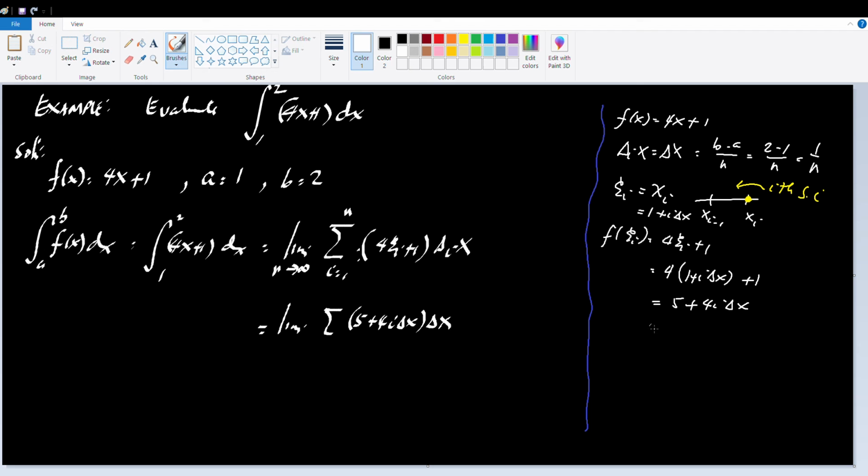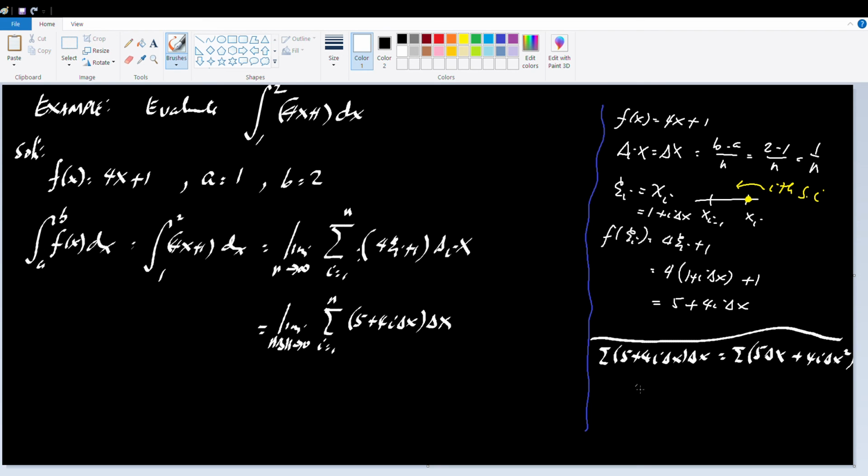By the way, let us work on the sum separately, i from 1 to n, as the norm approaches 0. So let me segregate the sum part. Sum of 5 plus 4i delta x times delta x, which is equivalent to the sum of 5 delta x plus 4i delta x squared. Okay?